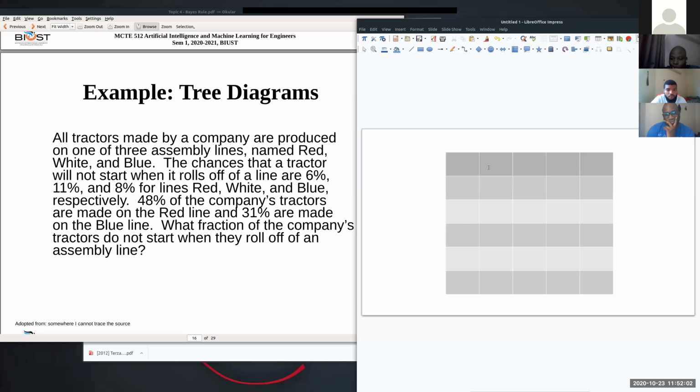Okay, now we have the red, white, and blue lines. Then the chances that it will not start: six in the red, the white is 11, and the blue is 8. Chances that it will not start. And then the company structure, percentage of produced.